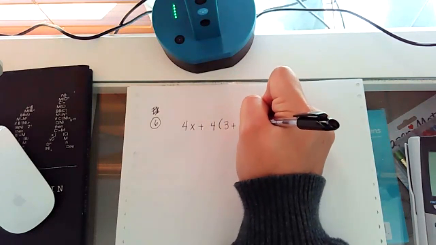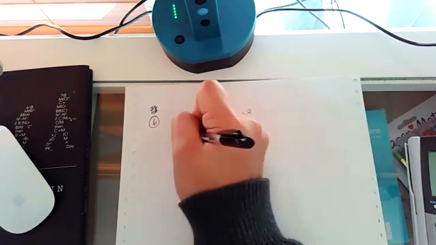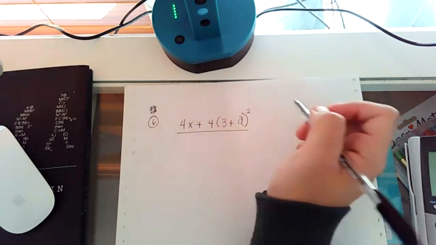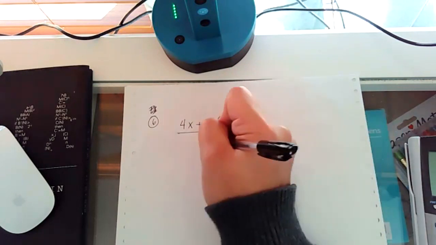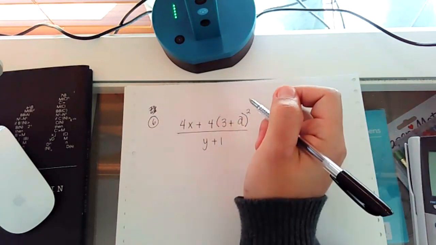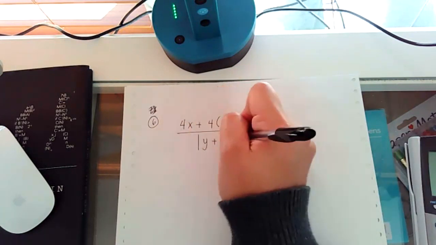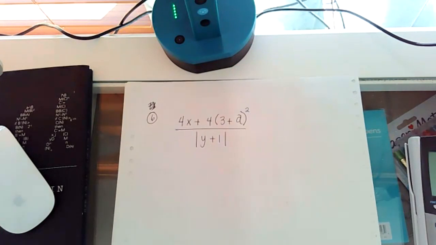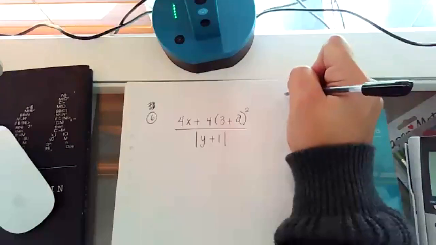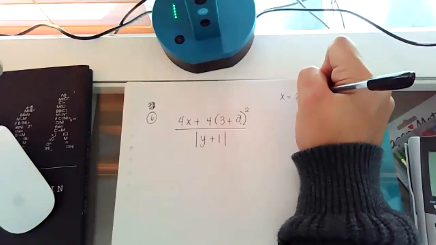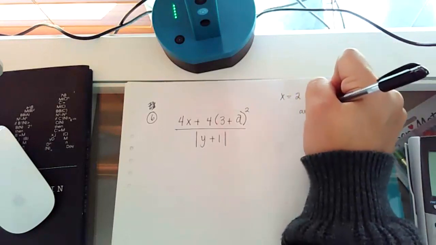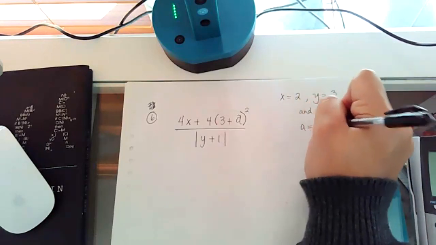Let me call this a like this, all over y plus 1. And I'm going to throw absolute values in here for good measure. And we'll say here that x is equal to 2, y is equal to 3, and a is equal to -4.